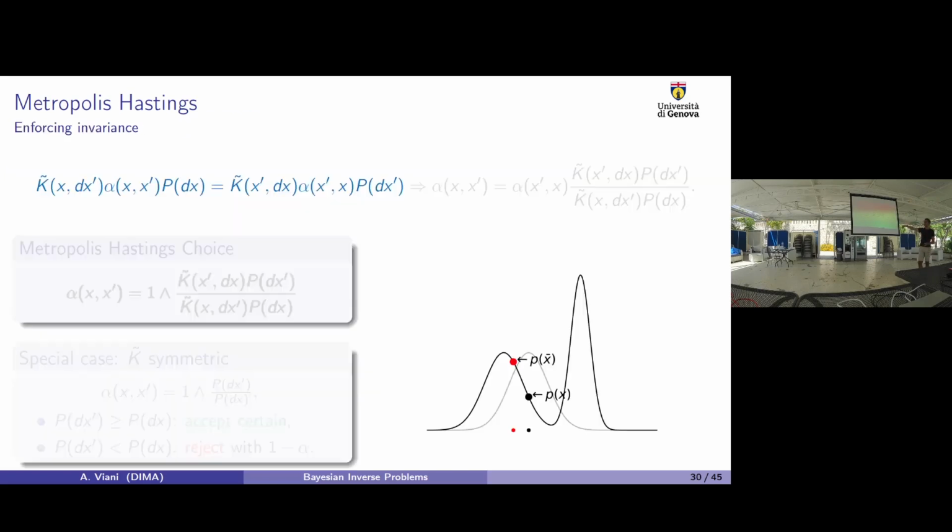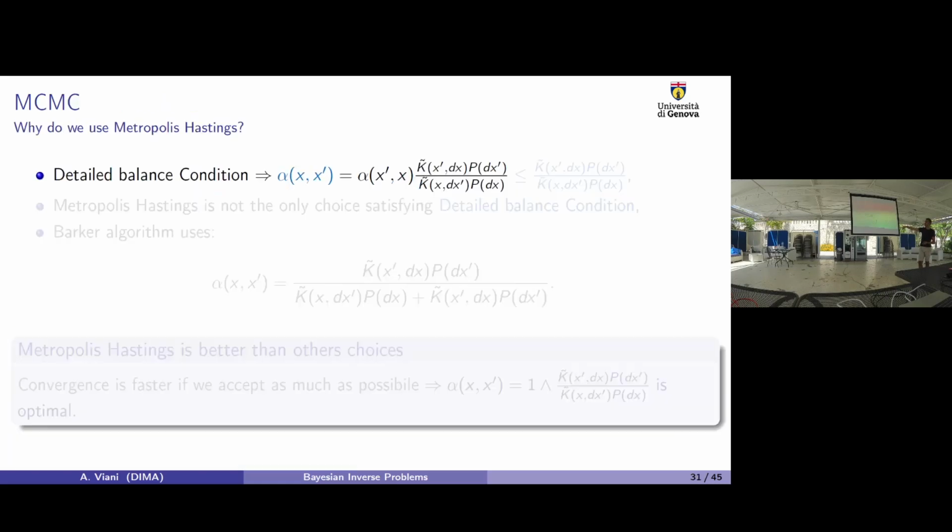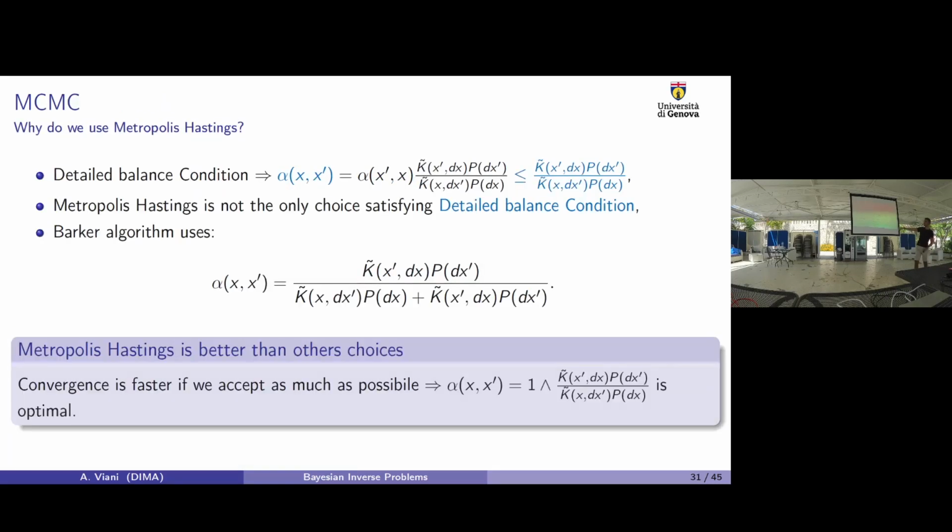Because here, where I wrote that the convergence is faster if we accept as much as possible, I think it's called the Peskun choice, Peskun chain. I don't remember the name properly, but they prove that the more you accept, the faster you converge. But I don't remember the differences.